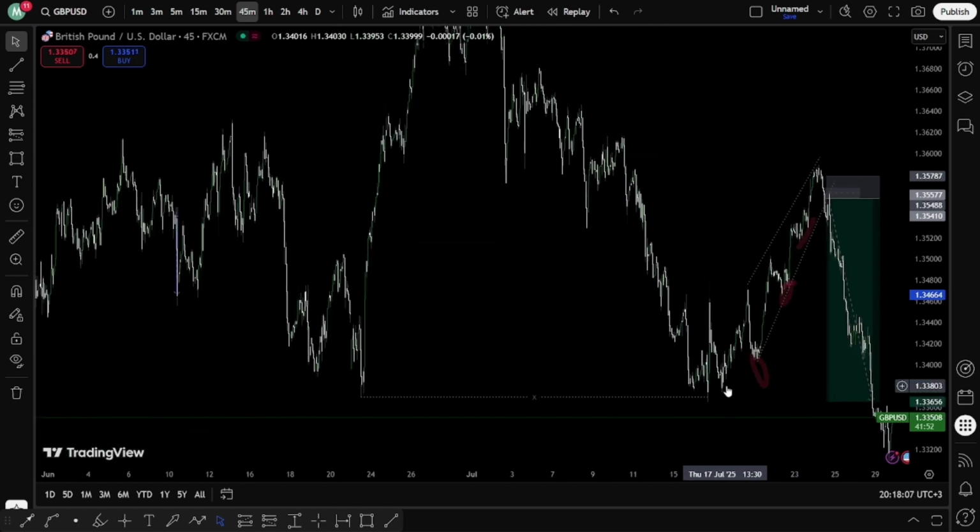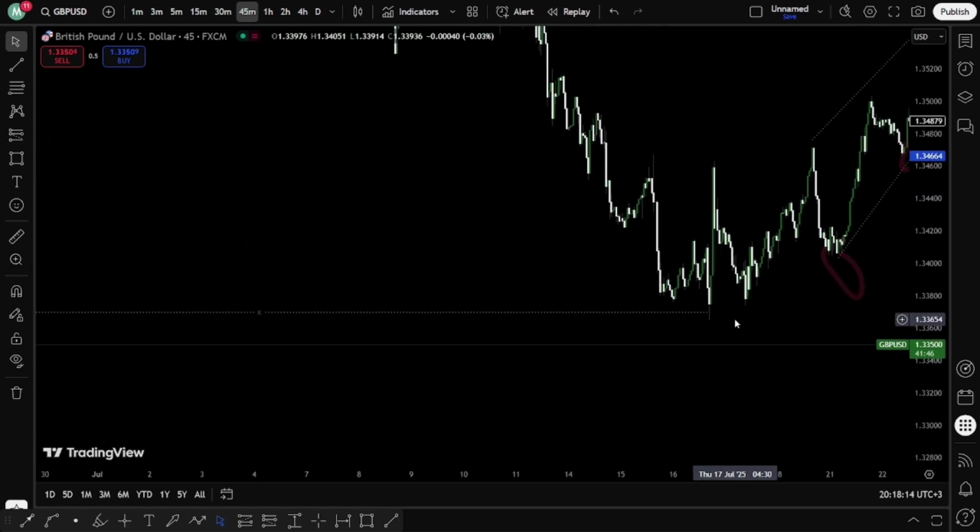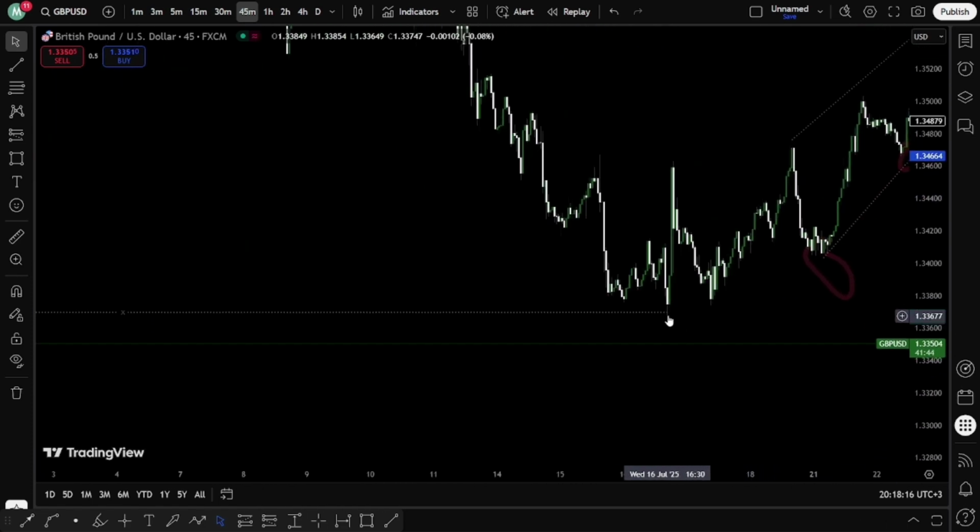Let me also explain this in simple terms. You see this wick, right now we see it as a wick, but of course on the 1 minute or the 5 minute time frame, we could find a full body candle. What does this mean? Of course, currently on the time frame that we are on, it is an invalid change of character.